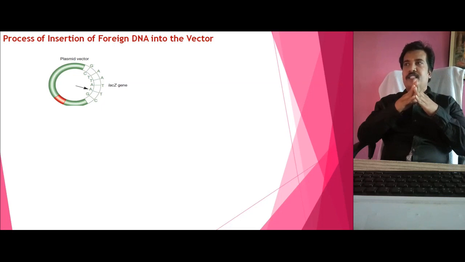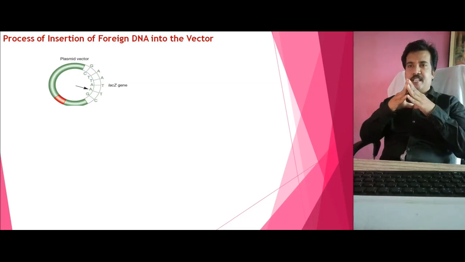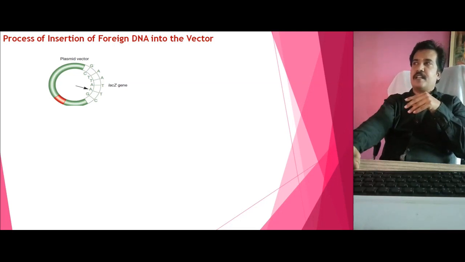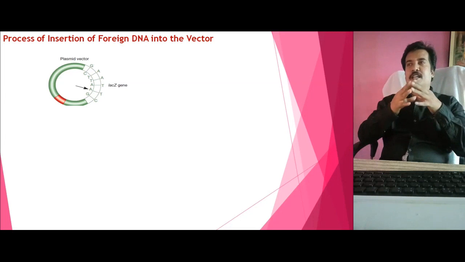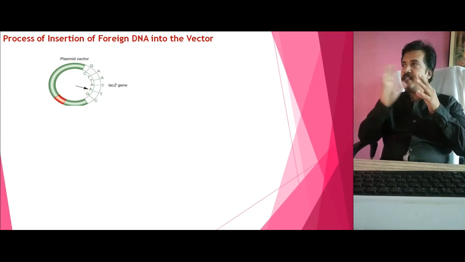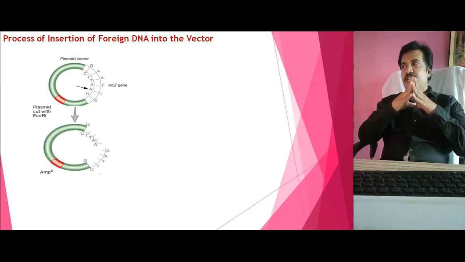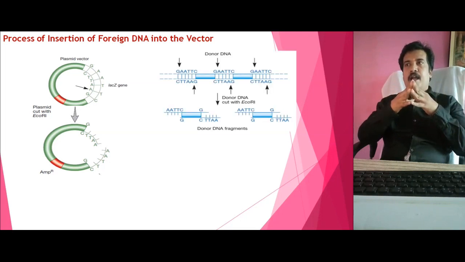It cuts the restriction site especially at the sequence GAATTC, as you can see from the picture. The same restriction enzyme has been used for cutting the genomic DNA. So the donor DNA has been cut with the same one. It cuts the gene where it finds the sequence GAATTC, as you can see in the figure. So we have the restricted DNA, and we also have the restricted vector.